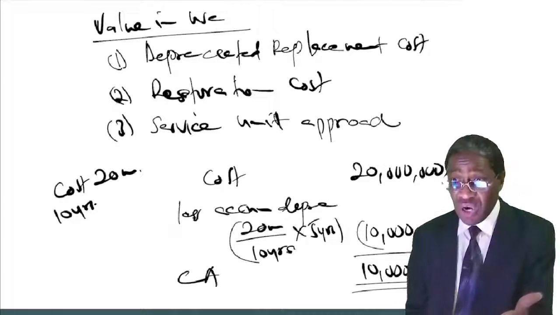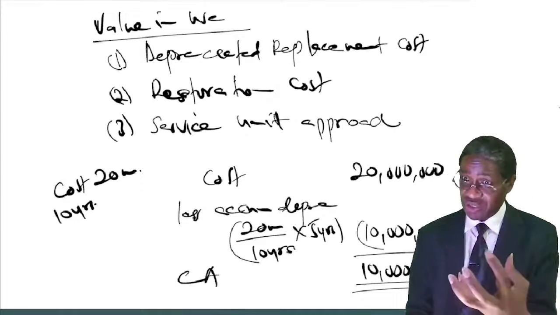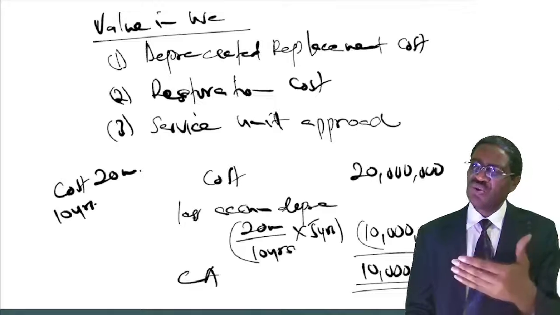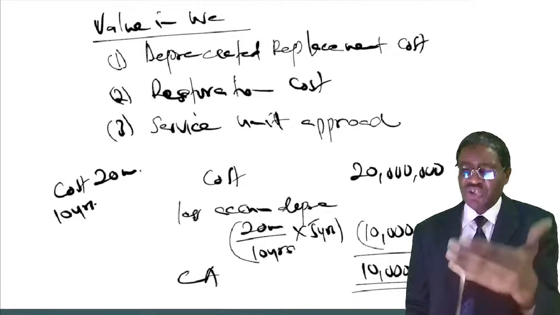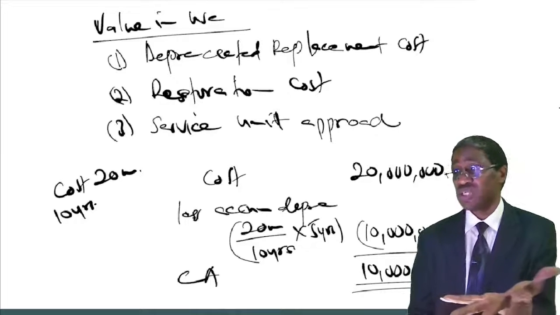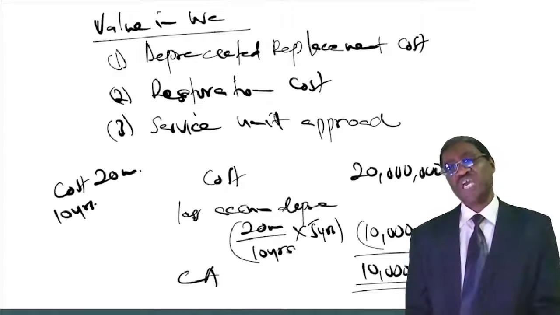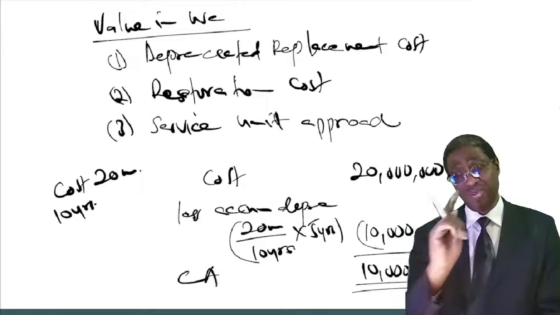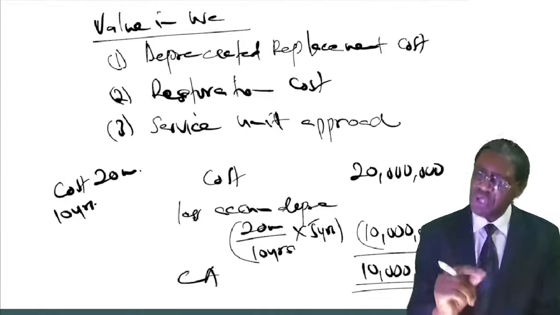Maybe it's a motor vehicle or a building that was damaged, and you need to know what would be the cost of restoring it to a usable condition. So we normally use it for those assets that have been damaged.